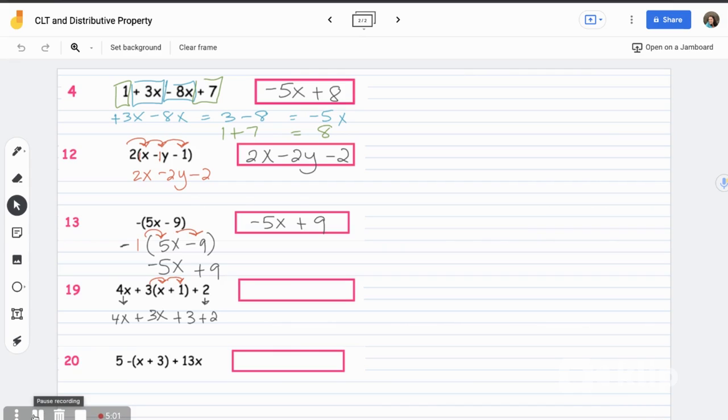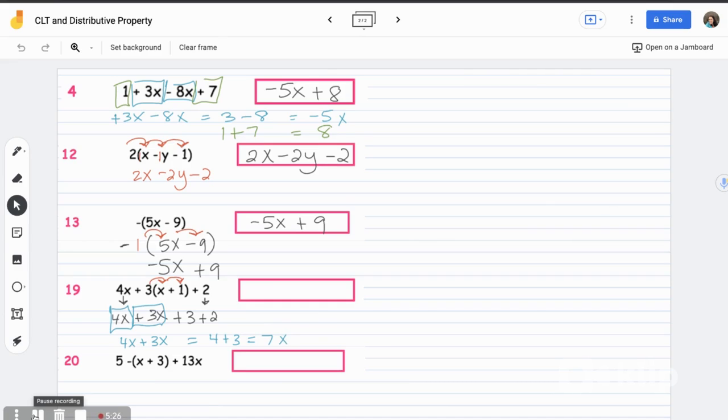And now I'm going to combine like terms. So I can combine the 4x and the 3x because they both have the same variable. So 4x plus 3x is how I would read this. And 4x plus 3x, or 4 plus 3, is going to give us 7x.